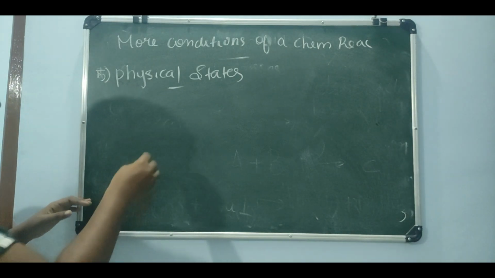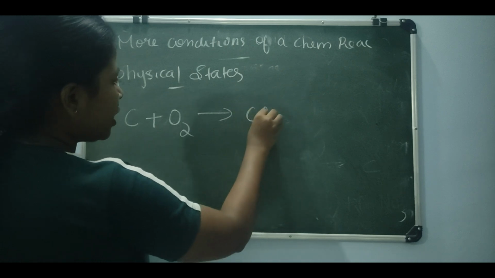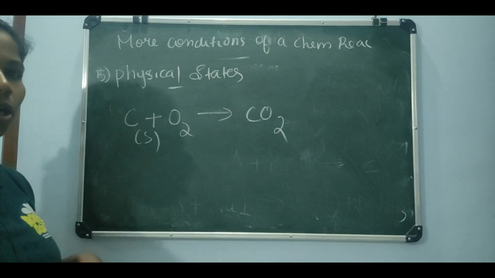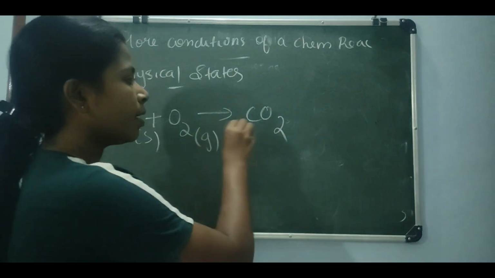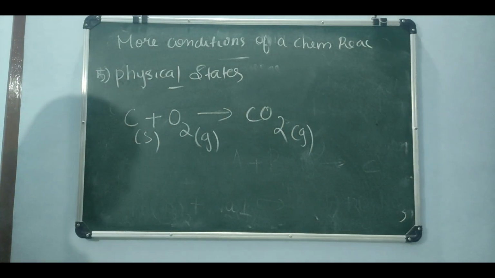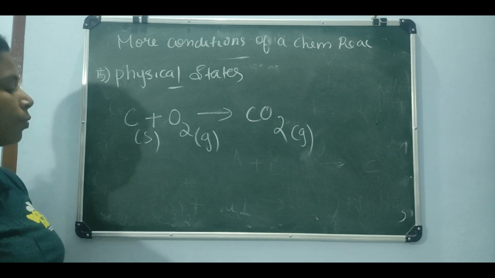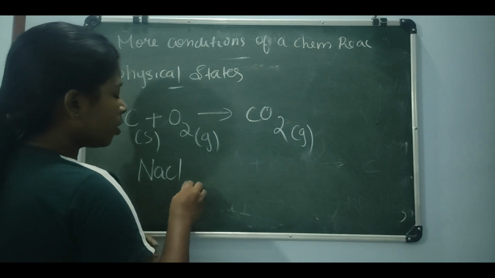For example, carbon plus oxygen combines to form carbon dioxide. Carbon is a solid. Oxygen is a gas. Carbon dioxide is the gas evolved. Understood? One more example I'll show you. See. Sodium chloride, solid.